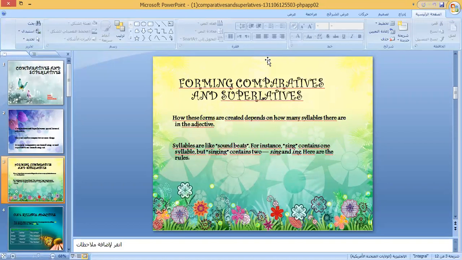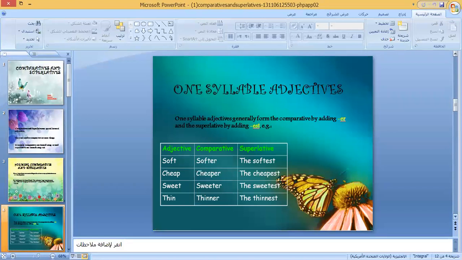Here are the rules. One-syllable adjectives generally form the comparative by adding -er and the superlative by adding -est.